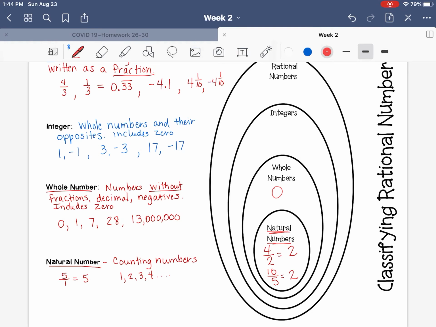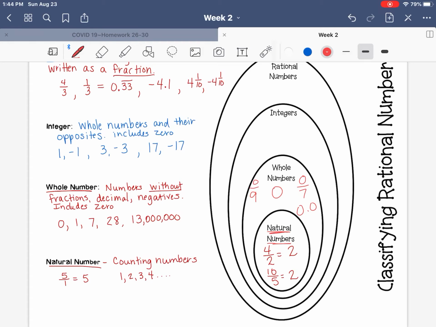So any form of 0 would go into the whole numbers category, and that's all, because if you have natural numbers, all the other whole numbers are more specifically natural. So the number 0 goes into whole numbers, and it could come in different forms. 0 divided by 7, 0/10. That's still a whole number. The only thing that goes in the whole number category is numbers that equal 0. So 0/9 is a whole number.